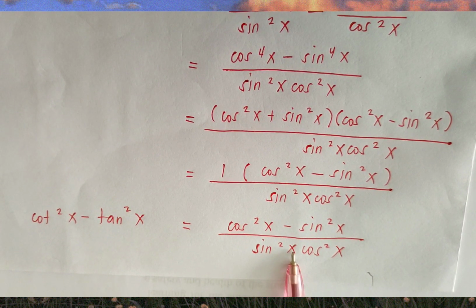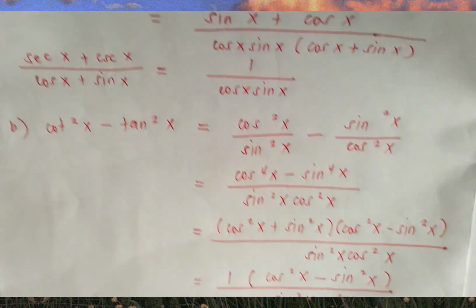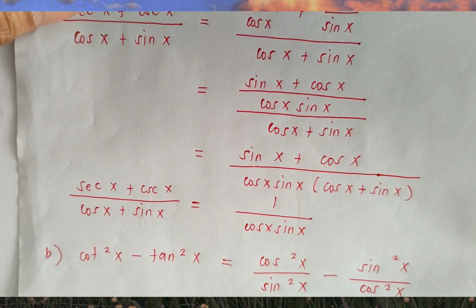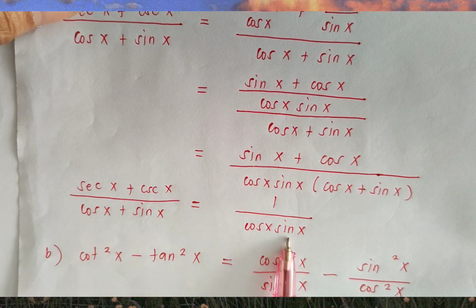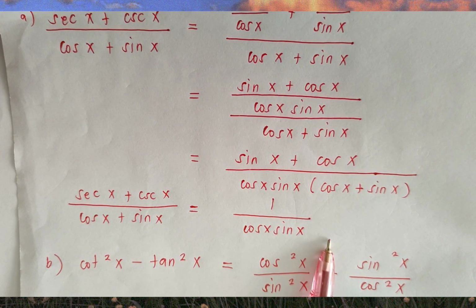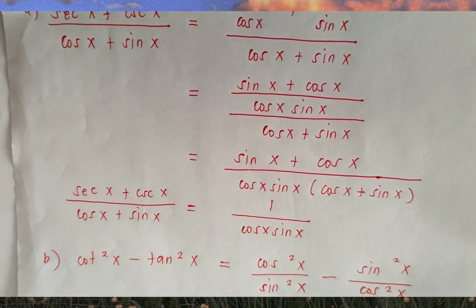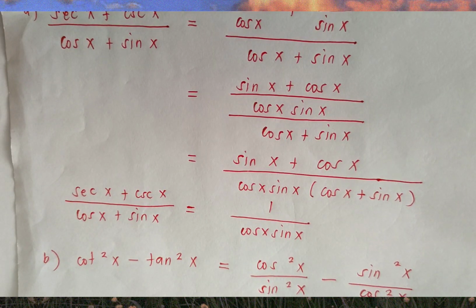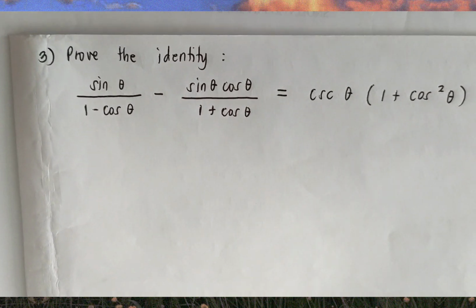This is for letter B. For letter A, we express secant x plus cosecant x all over cosine x plus sine x with sine and cosine only in the form of 1 all over cosine x sine x. Now let's proceed with example number 3.